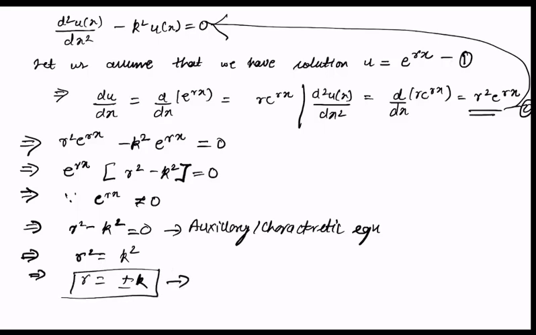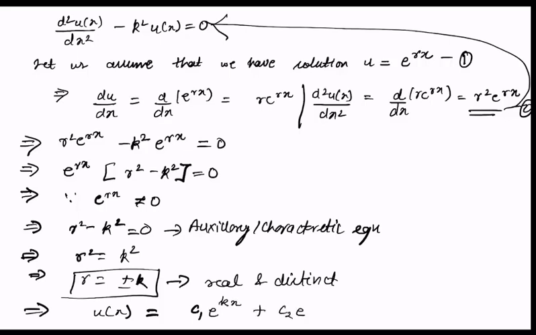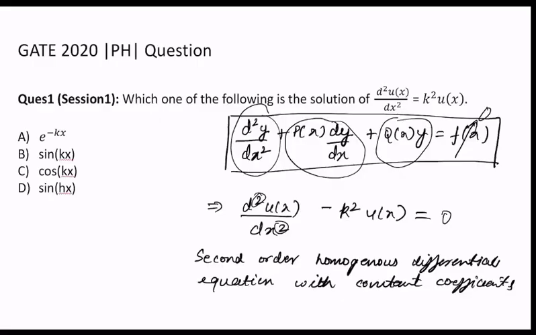And since these roots are real and distinct, the solution of this kind of differential equation is some constant c1 times e to the power kx plus some constant c2 e to the power minus kx, because the second root is minus k. So this is the solution of this equation, and in the question they have asked which one of the following is the solution.